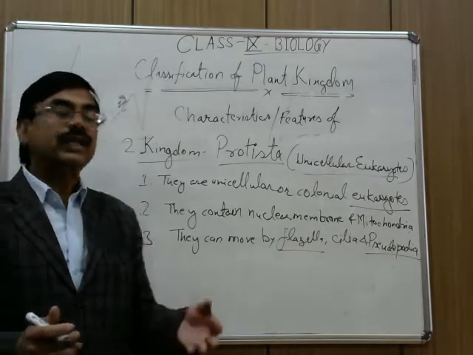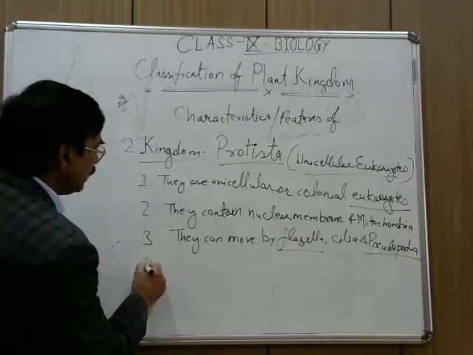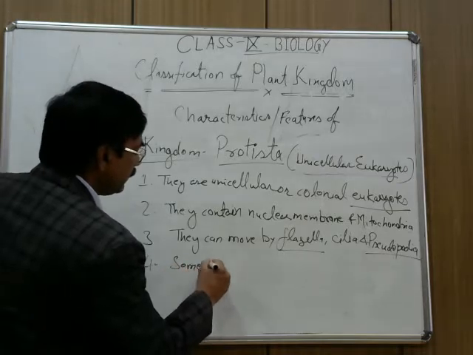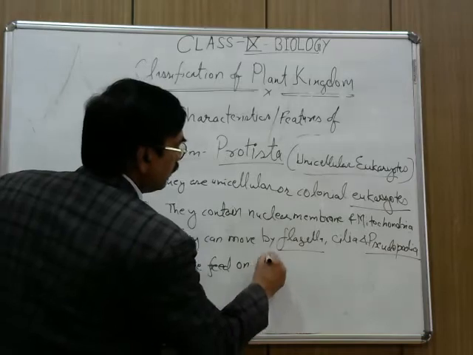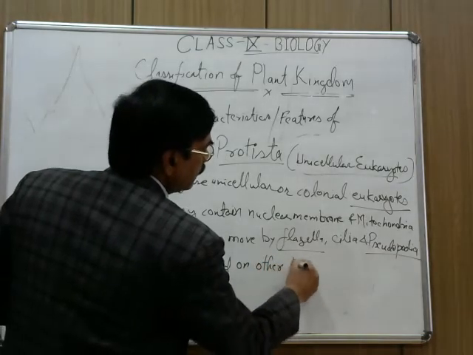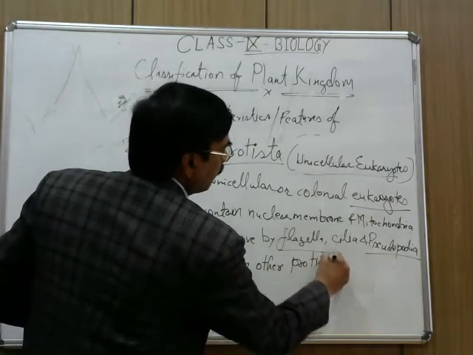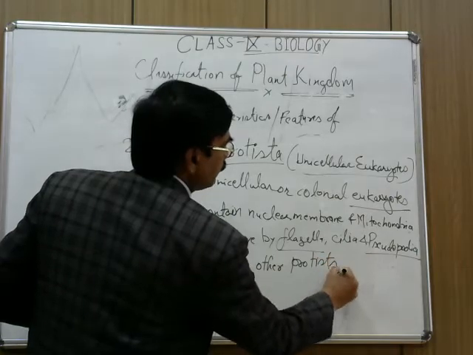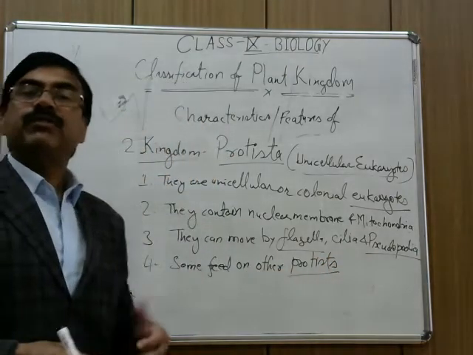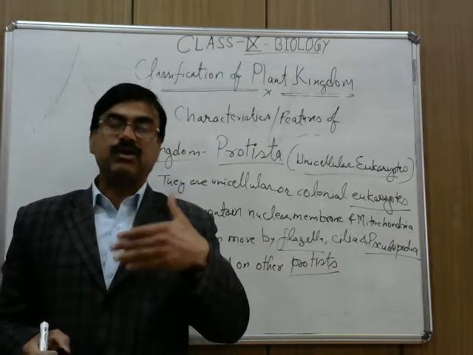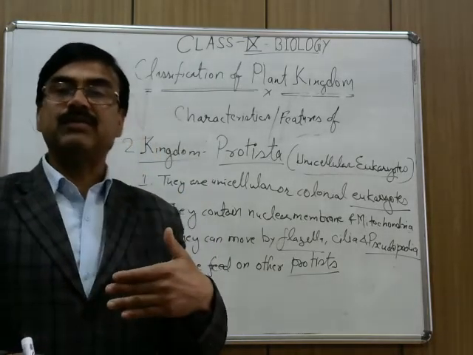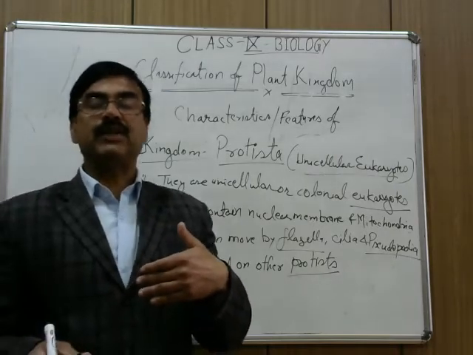Now some feed on other protists. So they are parasitic also. Some feed on other protists like Plasmodium vivax, which lives in the human, which causes the disease malaria, and lives in the female Anopheles mosquito.